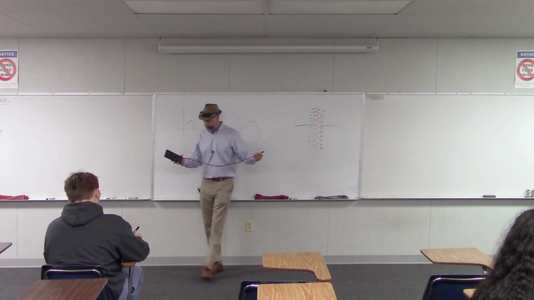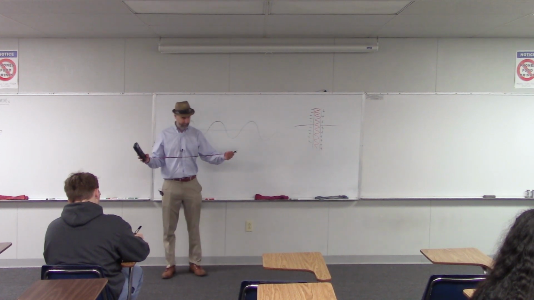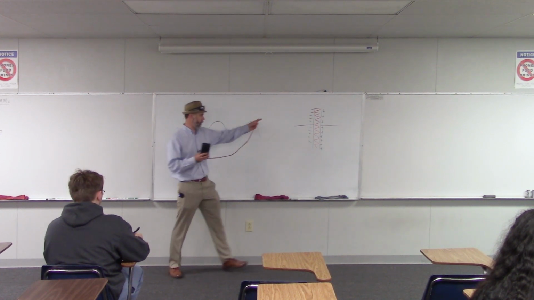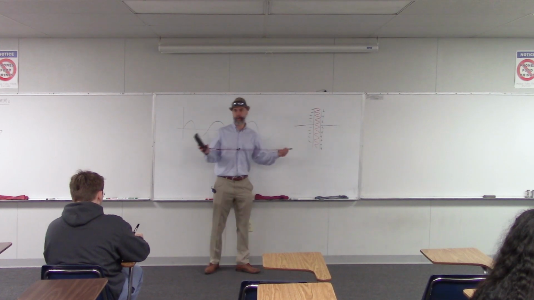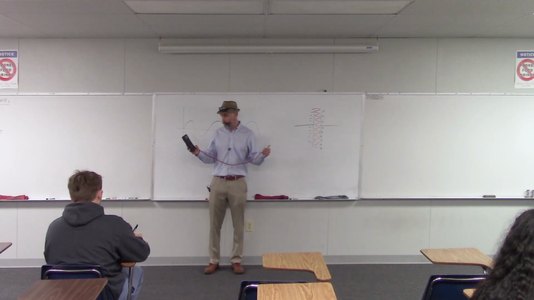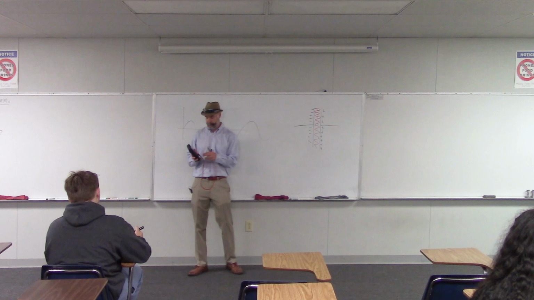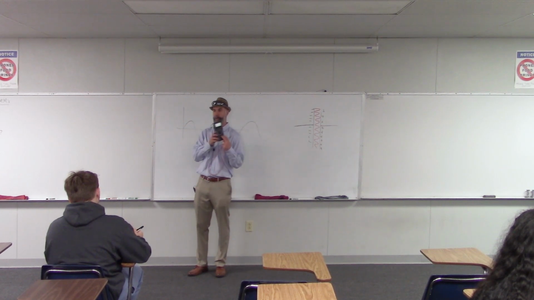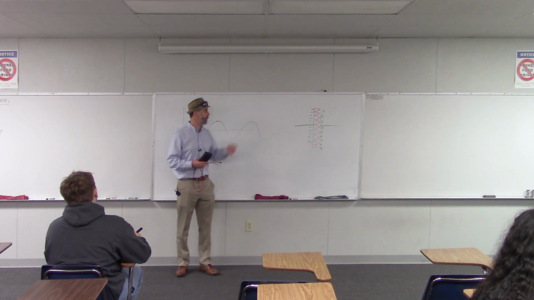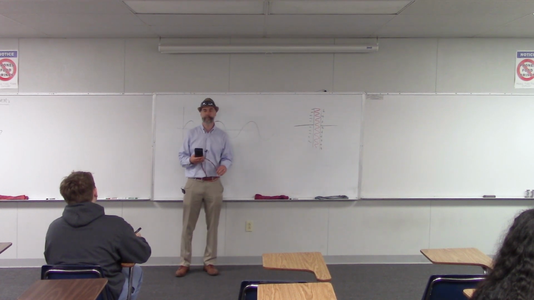The leads have their own capacitance because they are two pieces of metal separated by a thin layer of insulation. So if you were to hook a capacitor into these leads, then you wouldn't know if you were measuring the capacitance of the component itself or the capacitance of the leads. So because of that, we eliminate the leads and we just plug the capacitors directly into the meter. So any questions about capacitance?